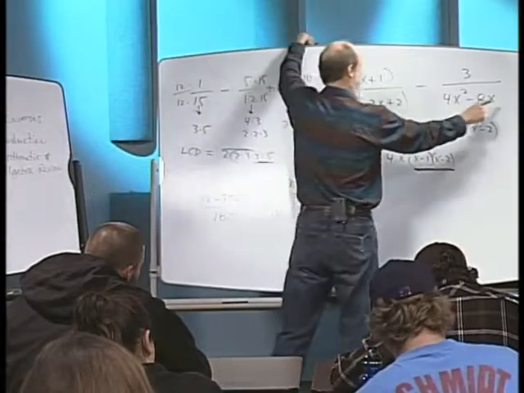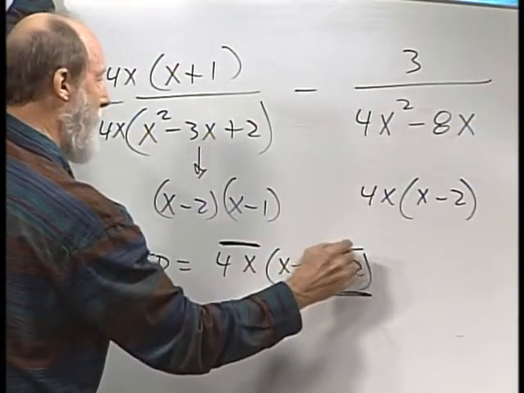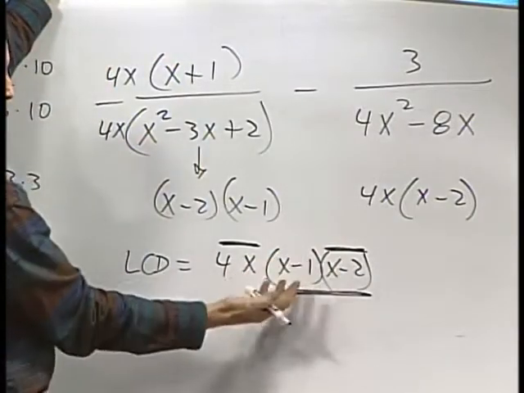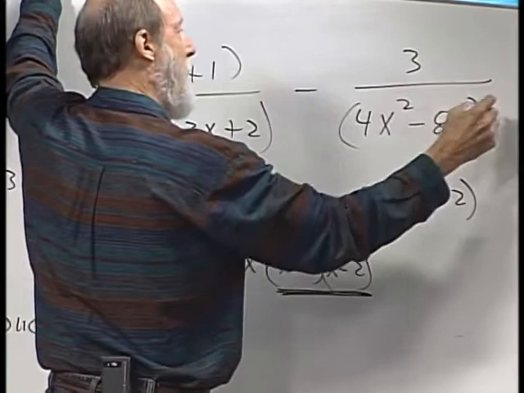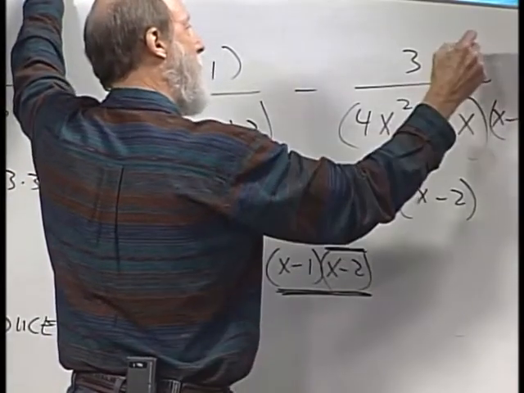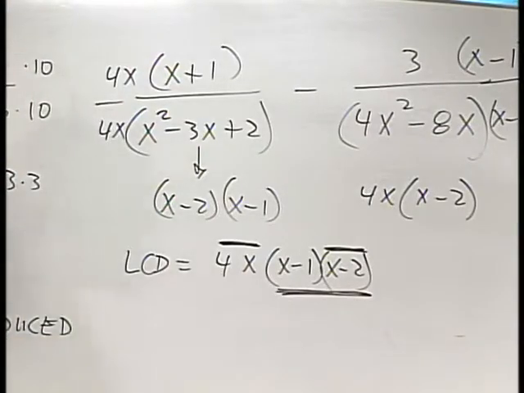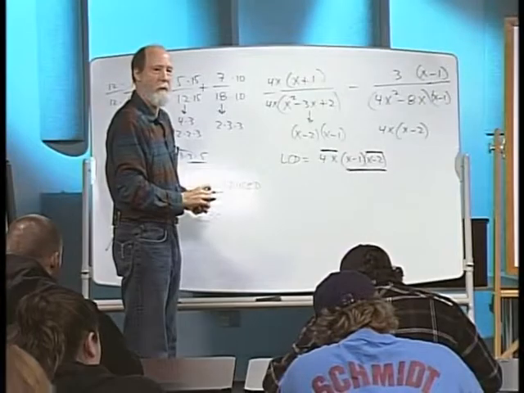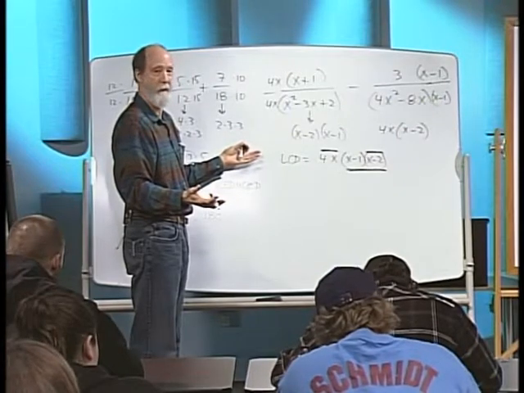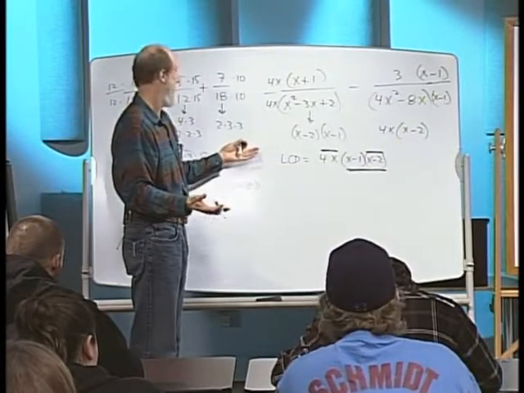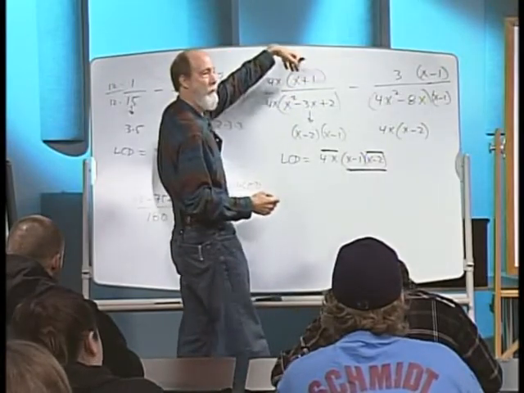Similarly, over here, I now have the 4x and the x minus 2, and all I'm missing is the x minus 1 right here. There's no difference in the process than what we saw in the arithmetic example. Okay, now go up on top here and see if you can tidy things up.